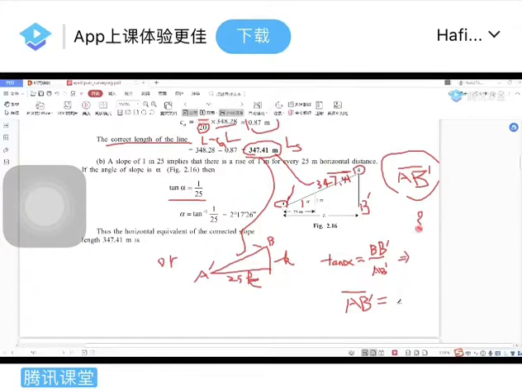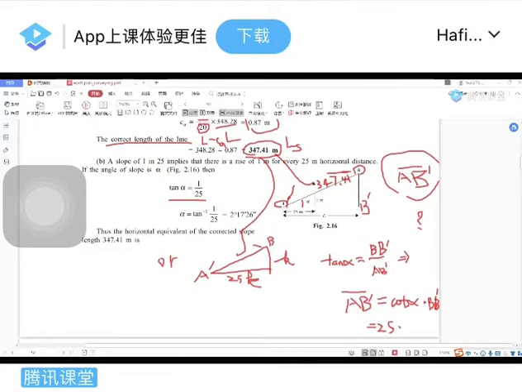So this will become cotangent alpha times BB prime. Now comes another question: how do I know BB prime? Cotangent alpha is easy. Cotangent alpha here is 25, because tangent and cotangent are just inverse to each other. So this is 25. How about BB prime?